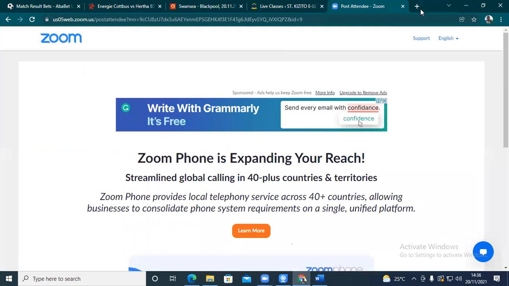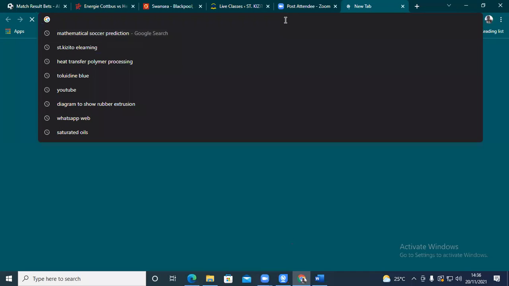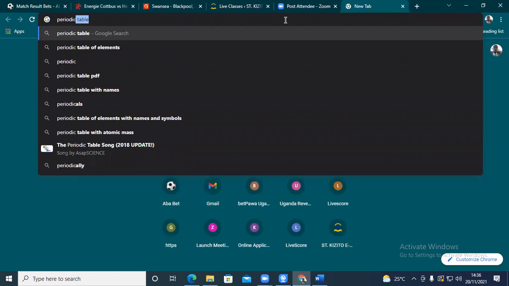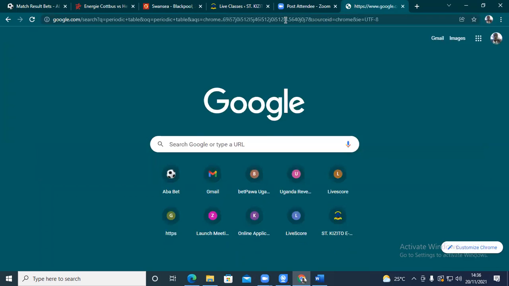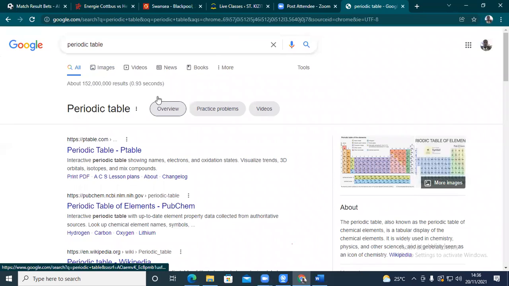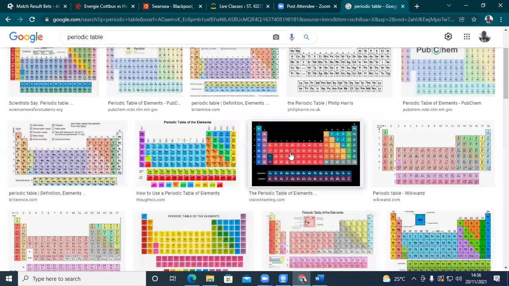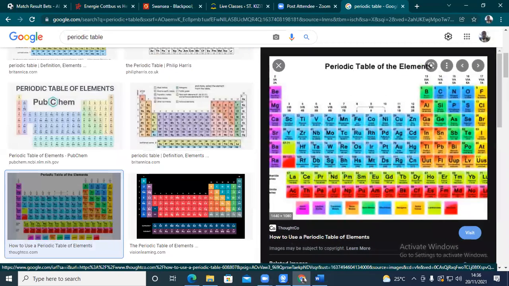Now, when you look at the big periodic table, let me pick one that is clear. Do you see this table clearly?